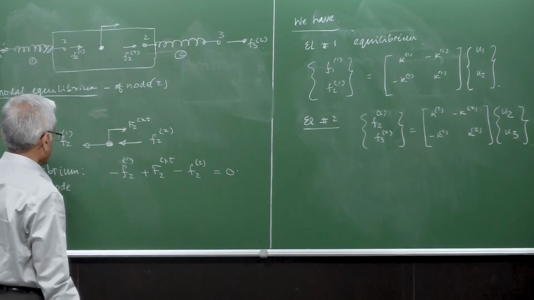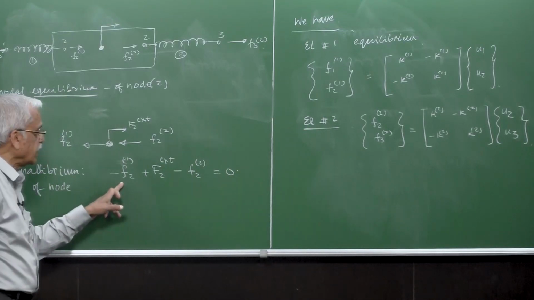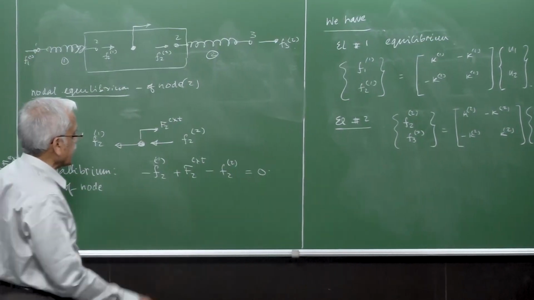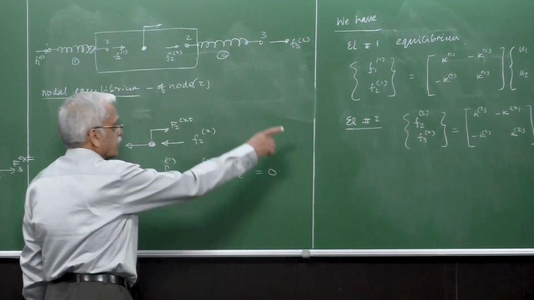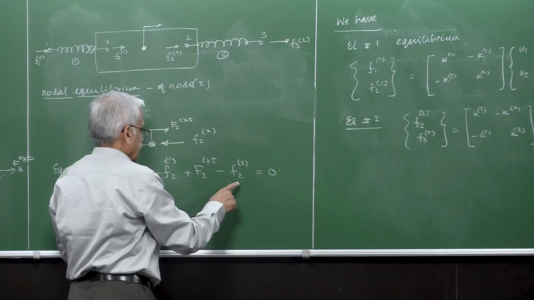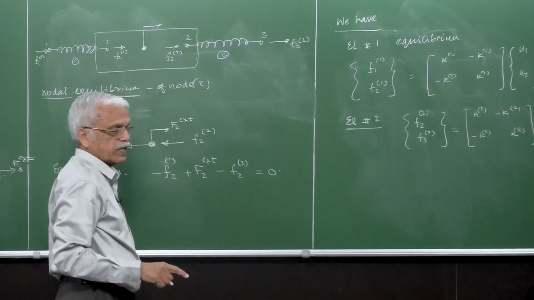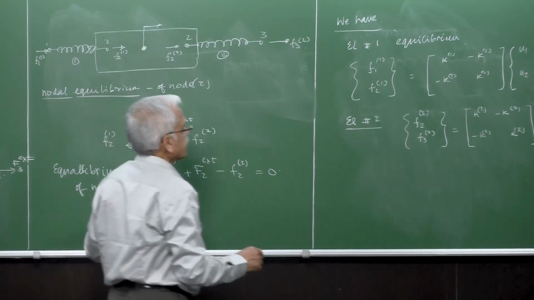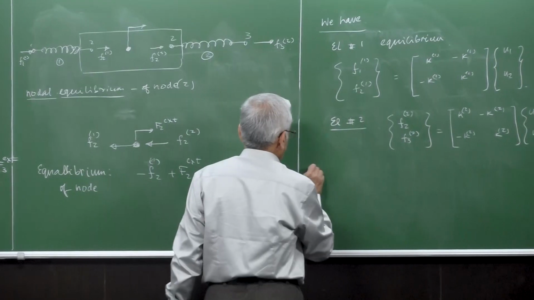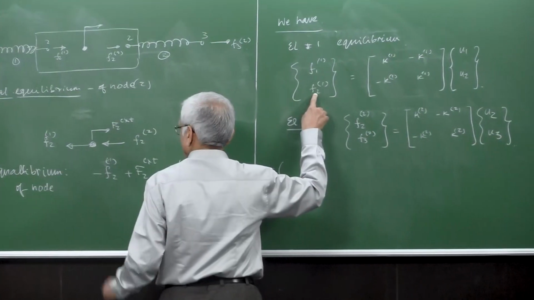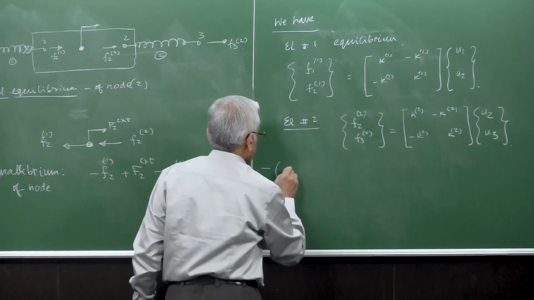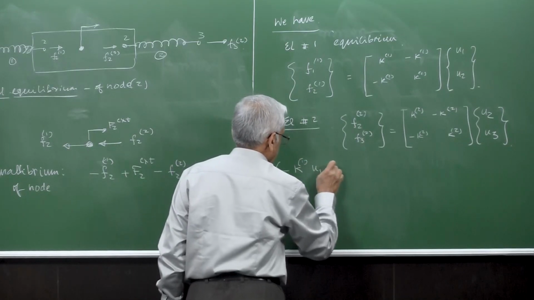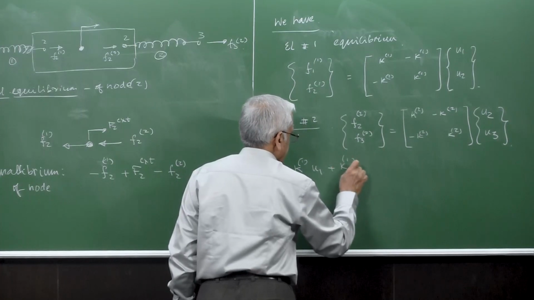And now we have derived the nodal equilibrium. So can I write this in terms of the nodal displacements? Let's look at this F2. If you want to get F2 of 1, it is nothing but K1 U1, K1 U2.